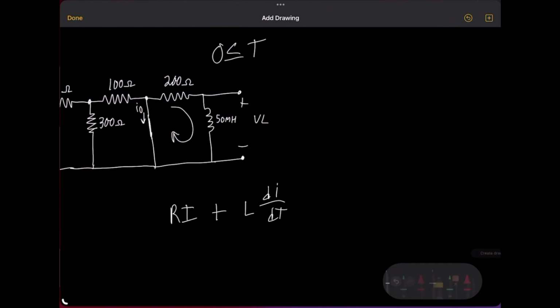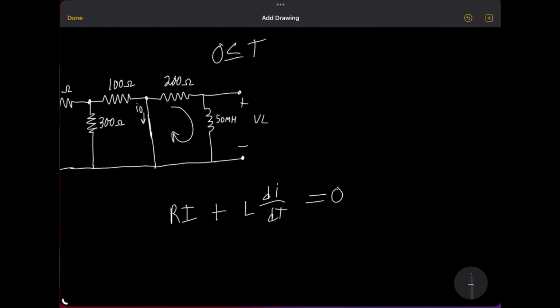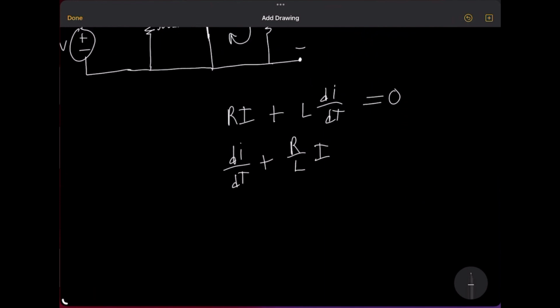That's equal to voltage with respect to time for an inductor. And that is all we need. This is equal to 0. Alright, KVL rules. So now we're going to set it up as di dt plus, maybe this might look familiar to you, divide by L, R over L times I. That looks oddly familiar.